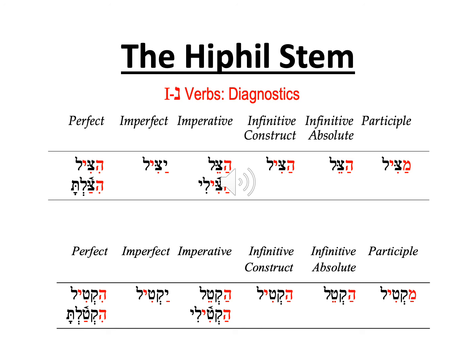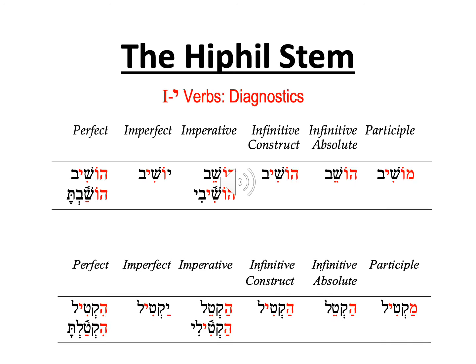The only real change is in the perfect, where instead of having a patach under the second root letter, the first root letter has dropped off so that the second root letter looks like the first root letter. It's not, it's still the second root letter, and the nun has assimilated as a dagesh forte into that letter. But this is the only real difficulty between this and the other forms of this verb.